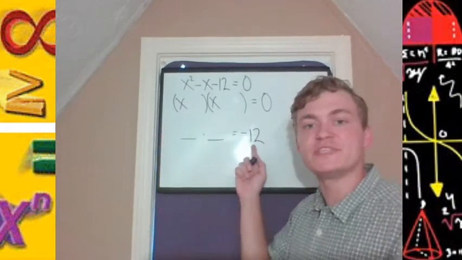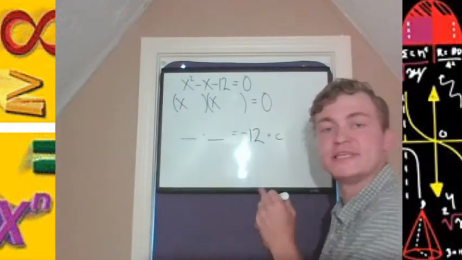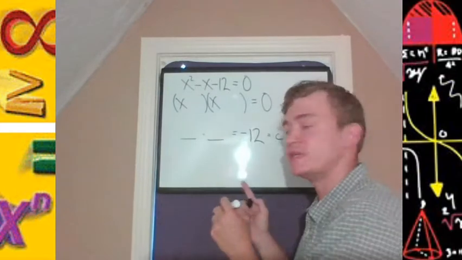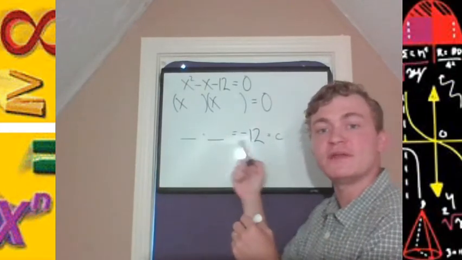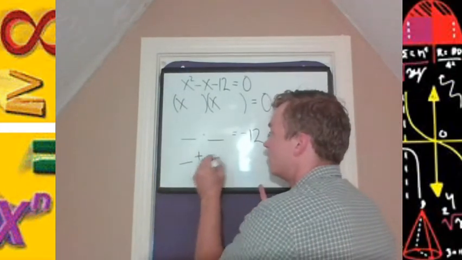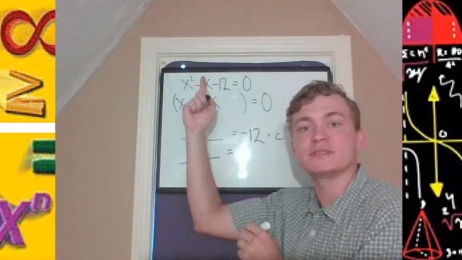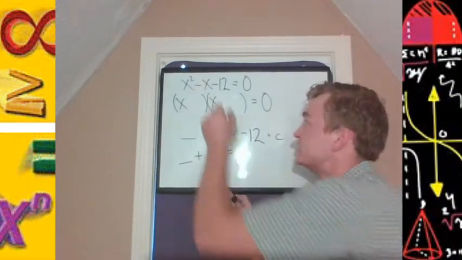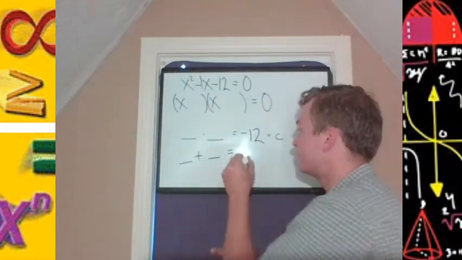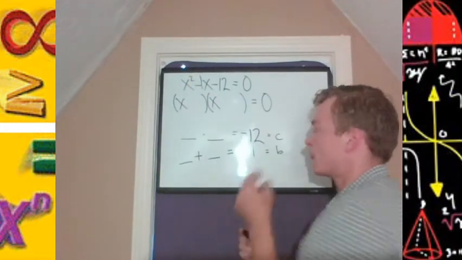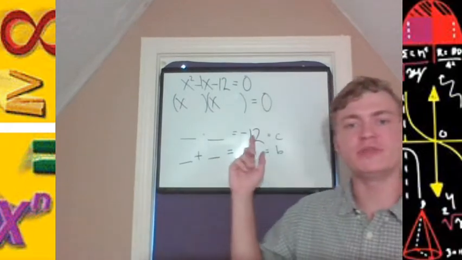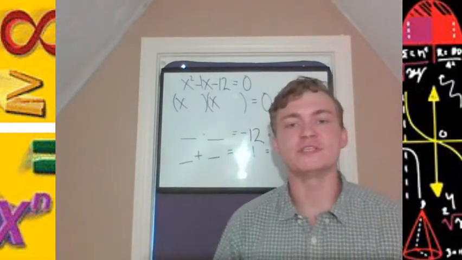Because this is our value of c, the x squared plus bx plus c. But can we find two numbers that multiply to give us -12 and will also add to give us our b value, which in this case is -1? If we can find the two integers to do this, then we're guaranteed for this to be factorable.